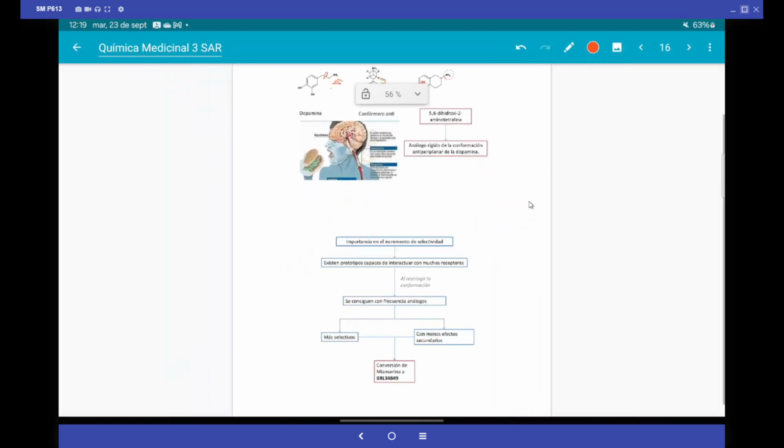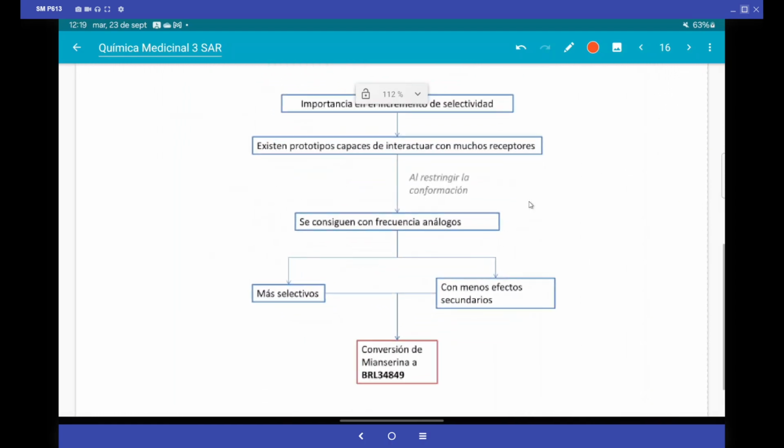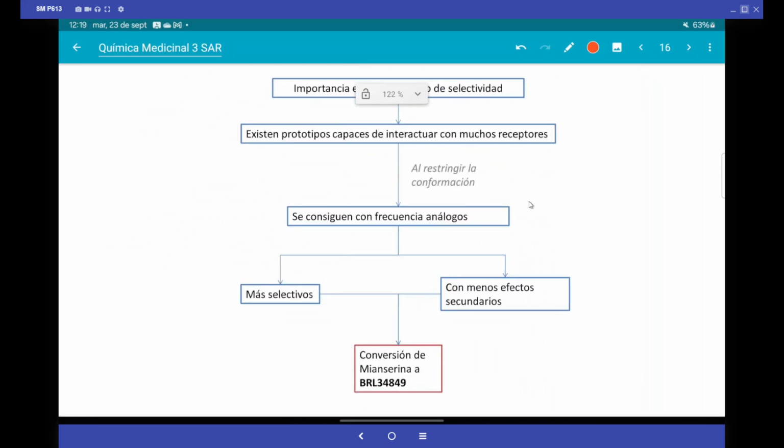And a final comment on the importance of the increase in selectivity. There are prototypes capable of interacting with many receptors, and today there is a strategy in medicinal chemistry that seems to go against the current, which they call multi-target drugs.